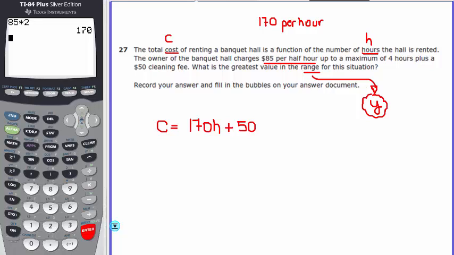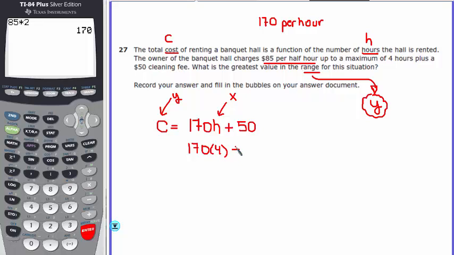And remember, range is represented by the letter Y. So in this equation here, we don't have X or Y, but we know that this here is usually the place of Y, and this one is usually the place of X. So basically they're asking what's the maximum cost that the owner can charge. Well, if the maximum number of hours is 4 hours, let's plug in the 4 there and figure out what is the maximum amount of money that he can charge.